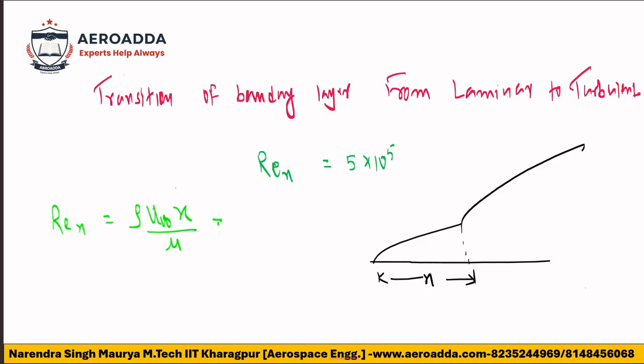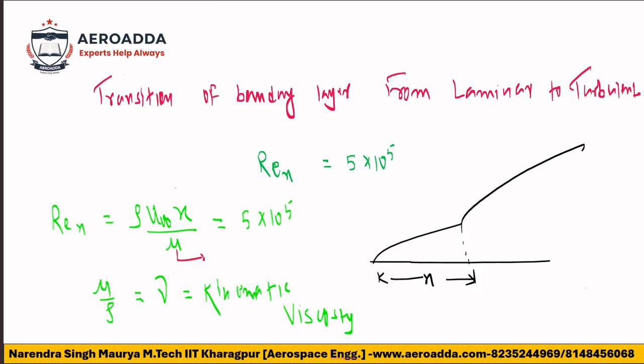This is the formula that will be equal to 5 into 10 to the power 5. Sometimes they will give the kinematic viscosity. So mu by rho is nothing but nu, the kinematic viscosity. They can give the kinematic viscosity. Mu is the dynamic viscosity. Nu is the kinematic viscosity. You should know this. Mu is the dynamic viscosity.